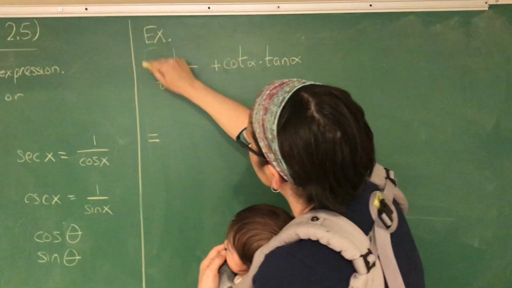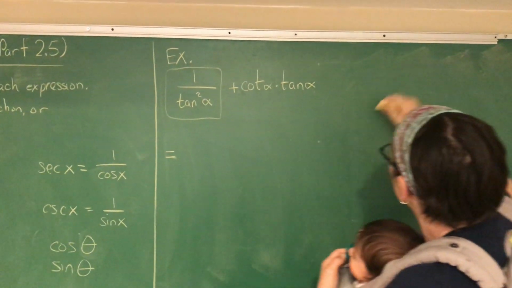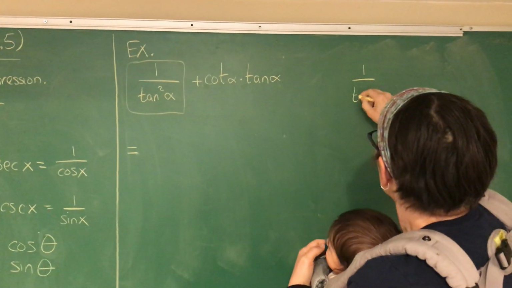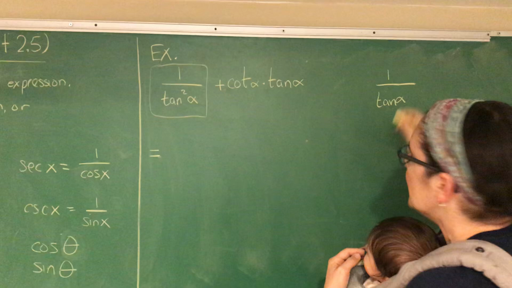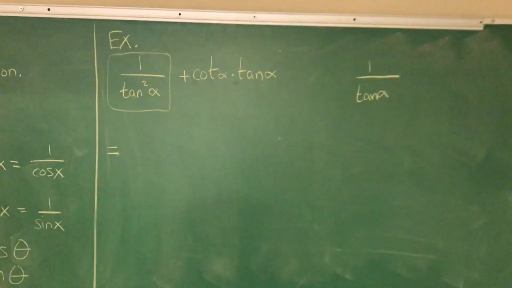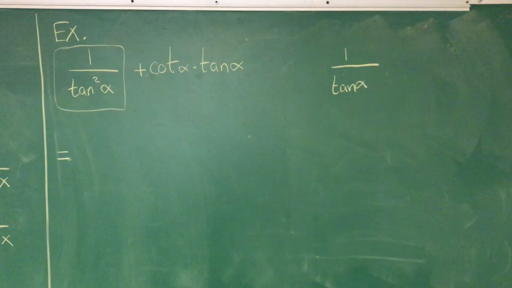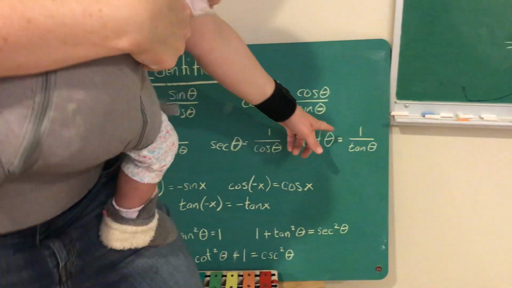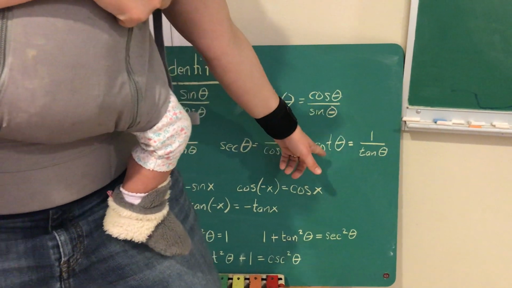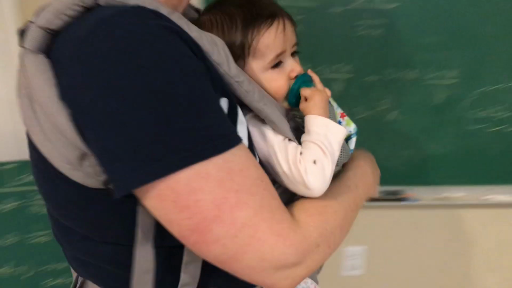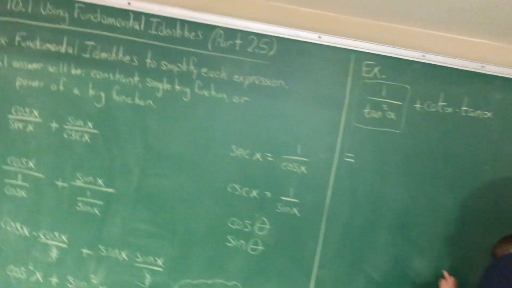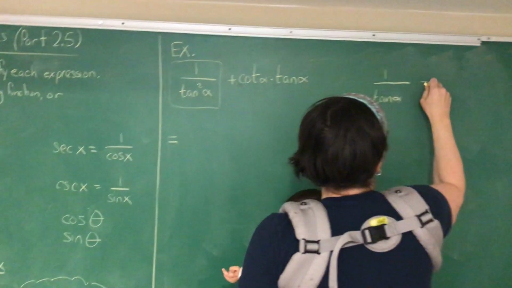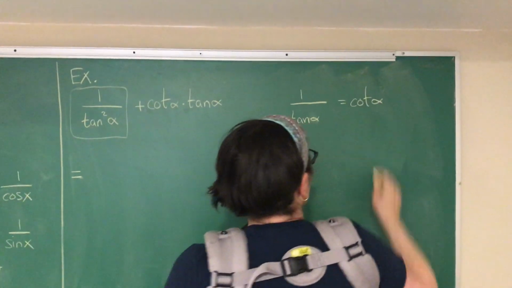This first part here, one over tangent of alpha. If I look at that, and then I look over here at our fundamental identities, I do see a 1 over tangent, and that's the same thing as cotangent. So 1 over tangent of alpha is the same as cotangent of alpha.